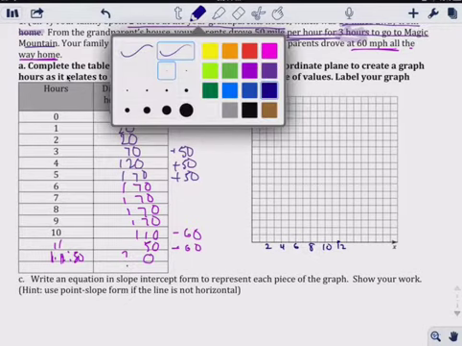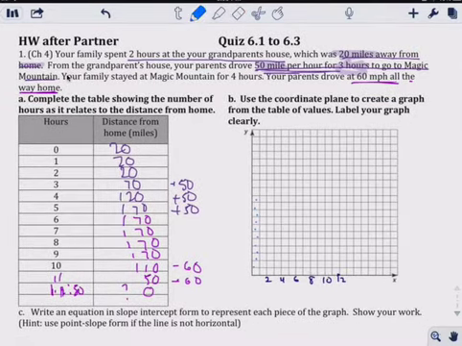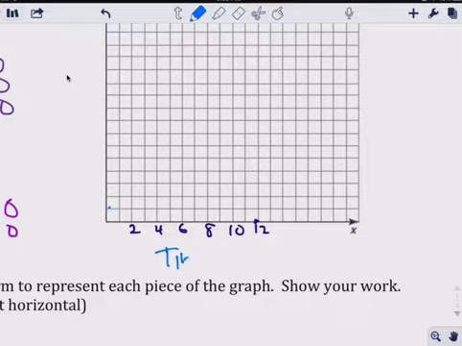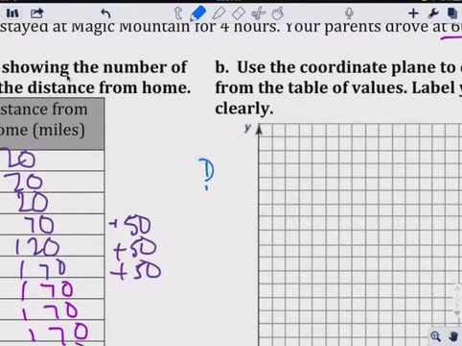All right, we estimate and go to 170: 10, 20, 30, 40, 50, 60, 70, we count by 10. This one is time in hours, and this one is distance in miles.